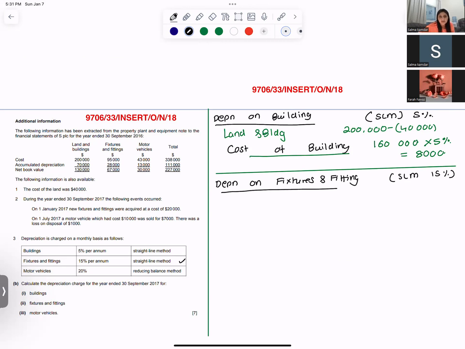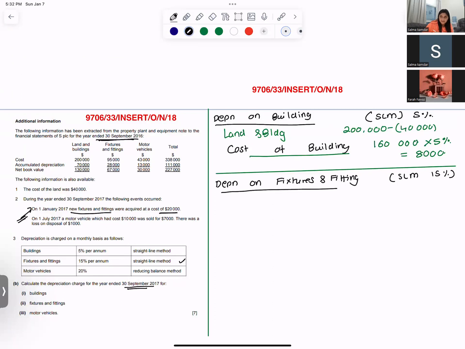Yes, they have purchased a new fixture and fitting for 20,000 on 1st January 2017. This is for the year ended 30th September 2017.